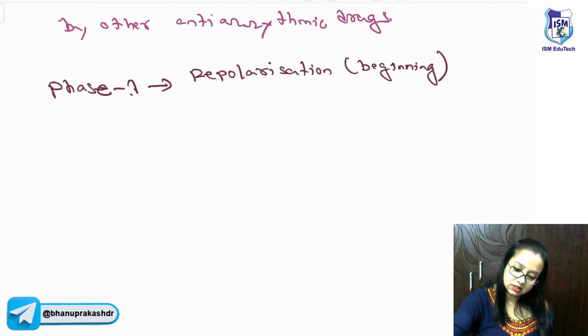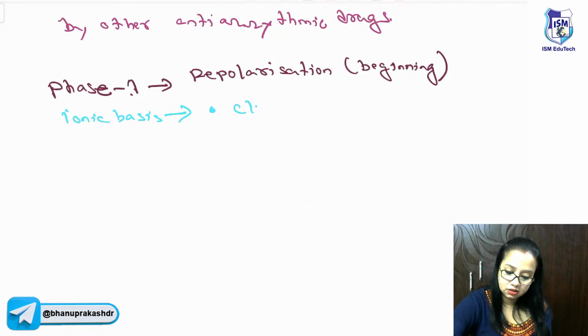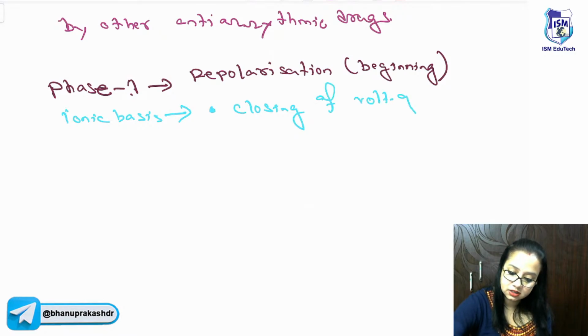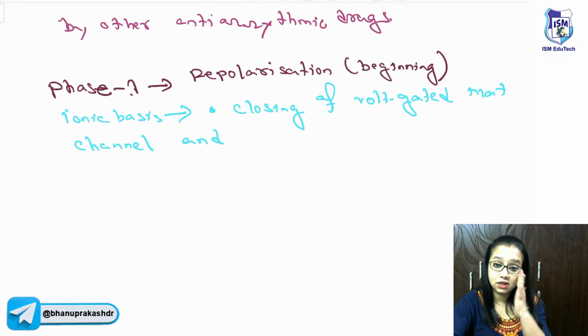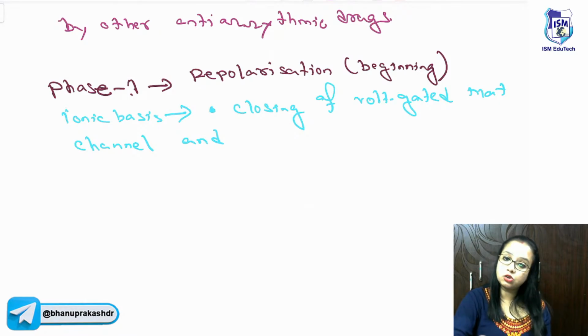So what is the ionic basis of it? The ionic basis is the closing of the voltage gated sodium channels, so the influx is totally stopped, because the voltage gated sodium channels, as we studied, open fast and also close fast.